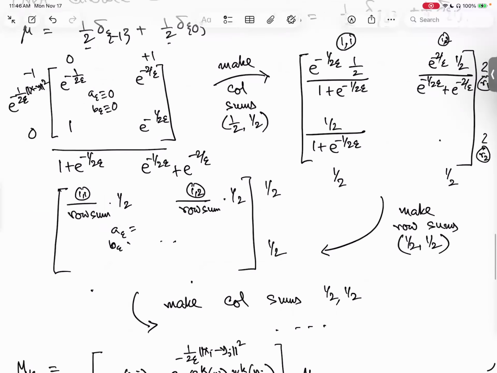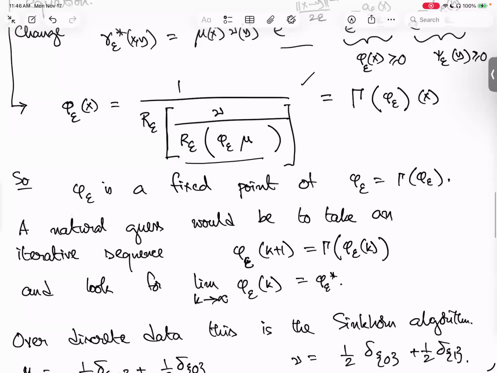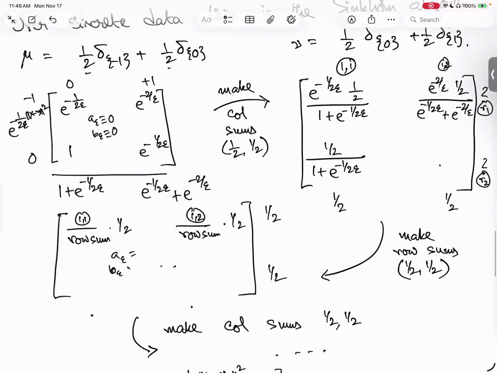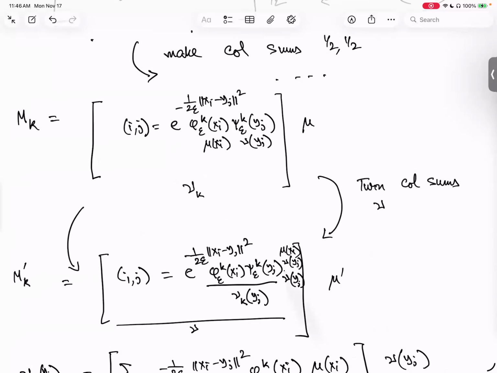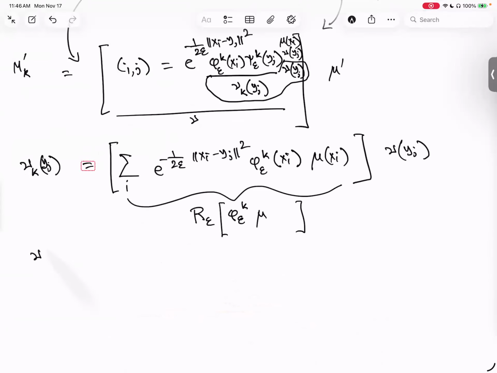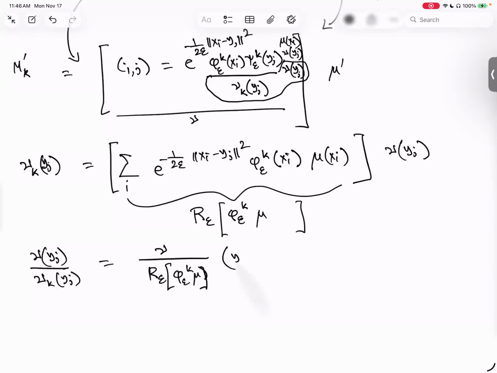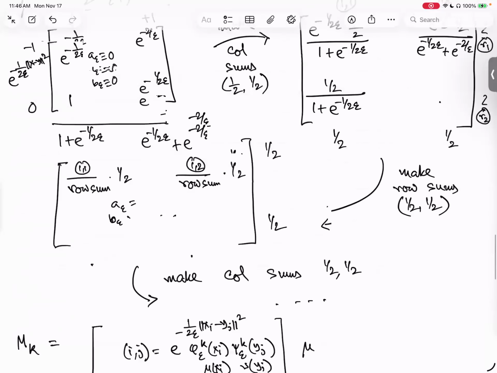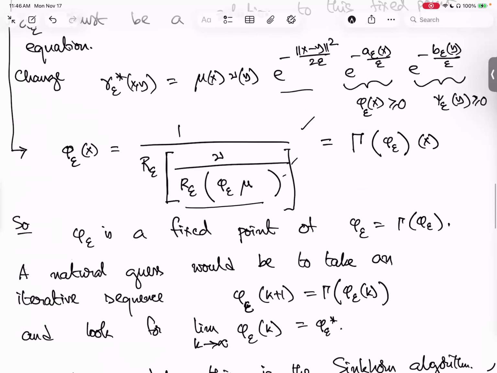And so this new term, nu of yj over nu k of yj, is my term nu divided by R epsilon, phi epsilon k mu, applied to yj. That's this term here.